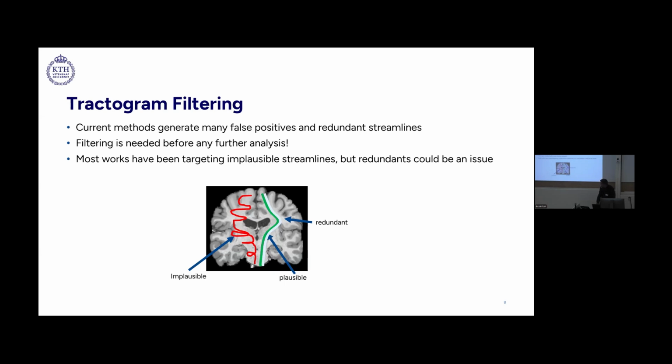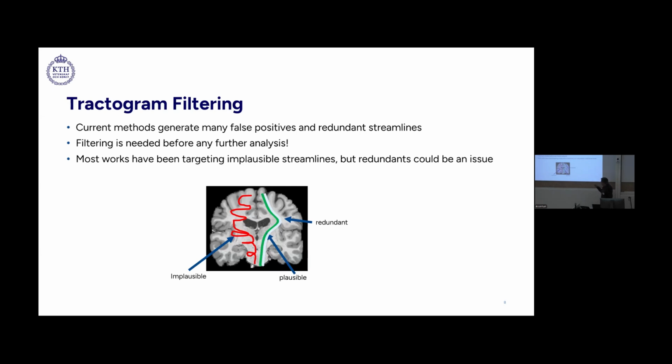Because of many reasons, you can get these red, very crazy paths that don't make sense with the anatomy. So these are the implausibles. And then you maybe have one that is okay with respect to the anatomy, what you would expect.